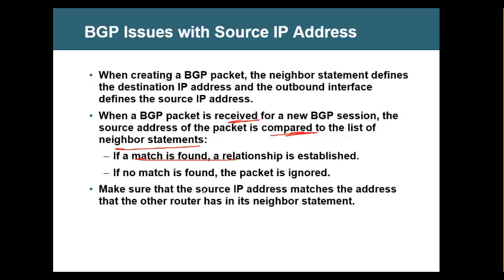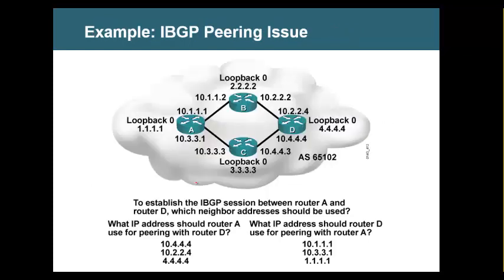So we have to make sure the source address and the neighbor address that is mentioned in the neighbor router's neighbor statement match. Most of the time, whenever we have multiple paths to reach a neighbor, we need to know what you learned in the previous slide.